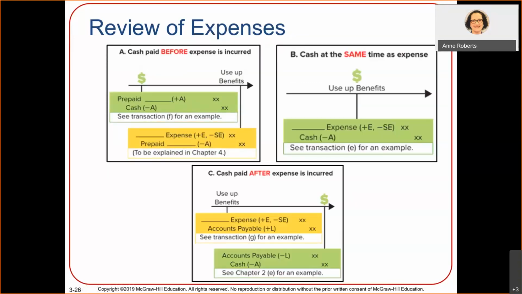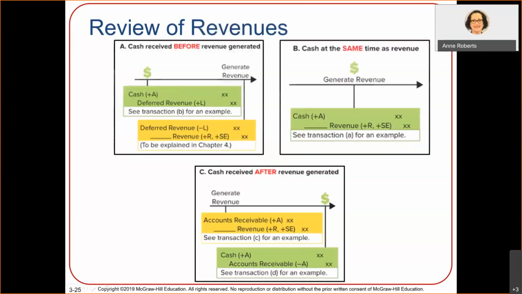I think B is easier, but you know. Yeah, exactly. But think about this though. Let's look at this one. B, this whole idea of collecting cash at the same time that you're earning revenue. Think about every time you go into Best Buy and buy something.